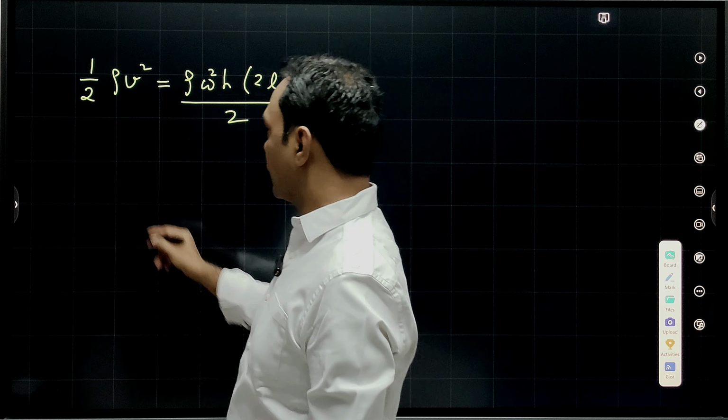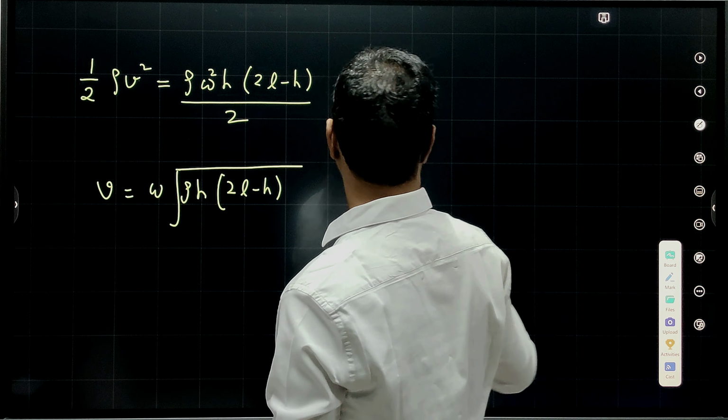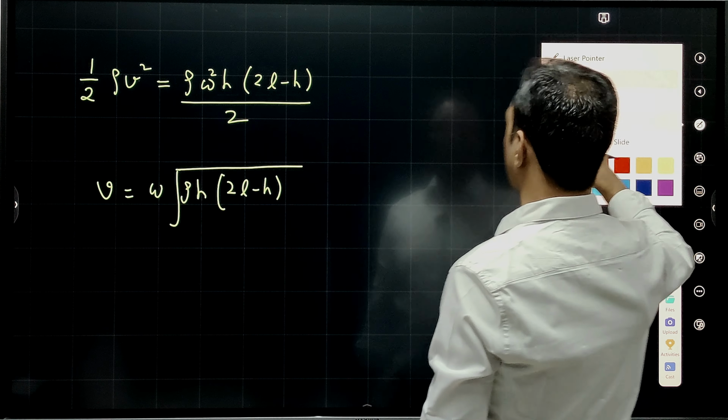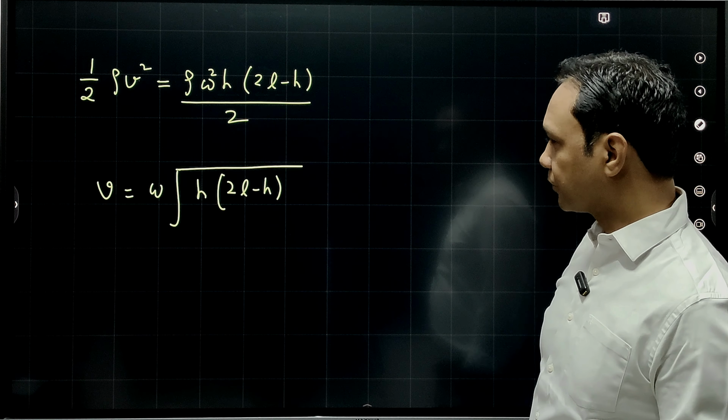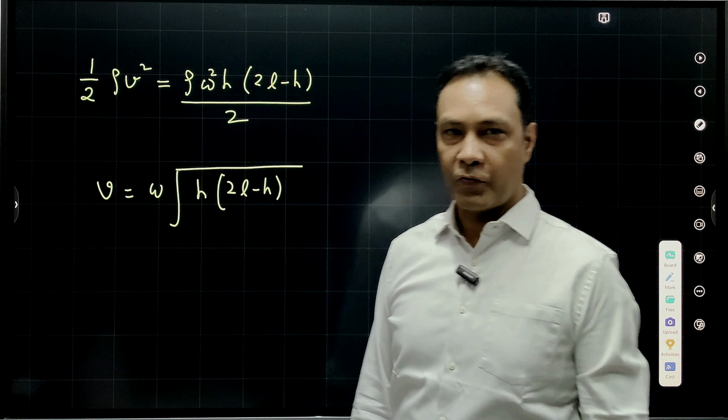So v is omega square root of H into 2L minus H, and that will be our answer. That will be the velocity of efflux from the orifice.